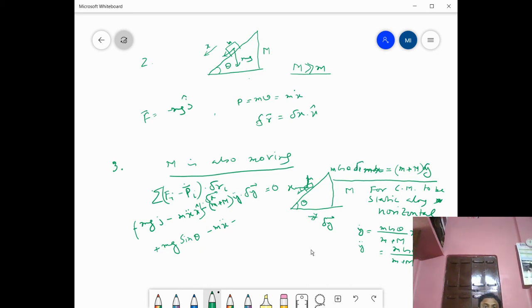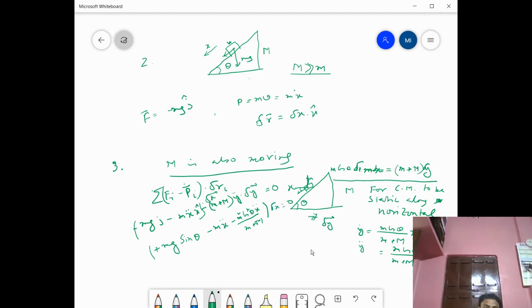So delta y by delta x, so delta y will be equal to m cos theta by m plus m, so m plus m y dot will be equal to m cos theta x double dot. And for delta y it will be m cos theta by m plus m, so altogether it comes out to m square cos square theta by m plus m into delta x equals to 0, right?